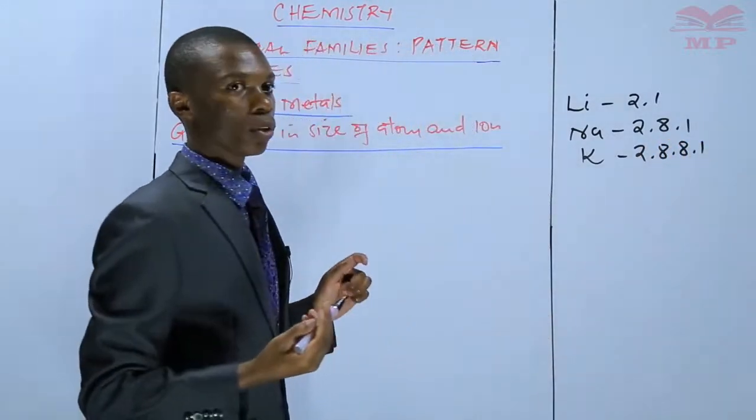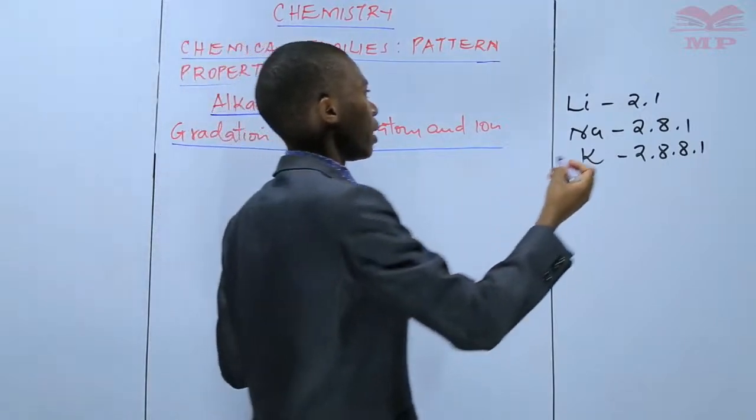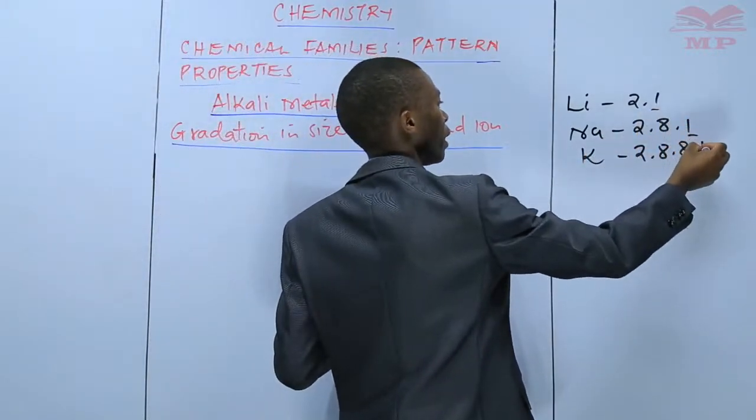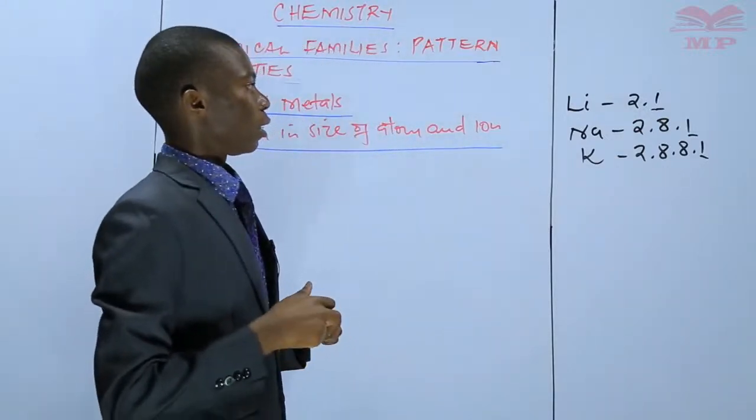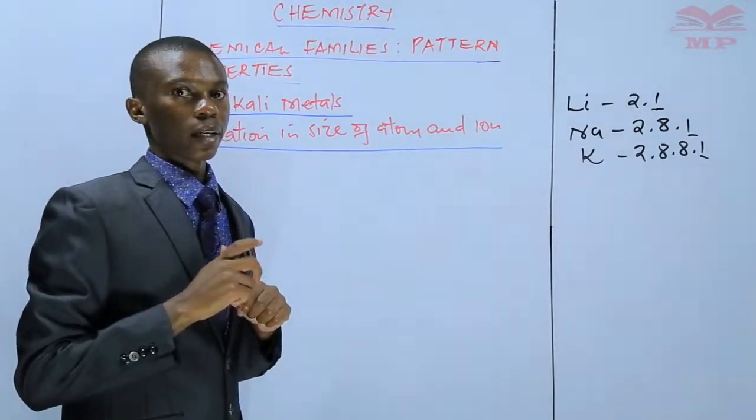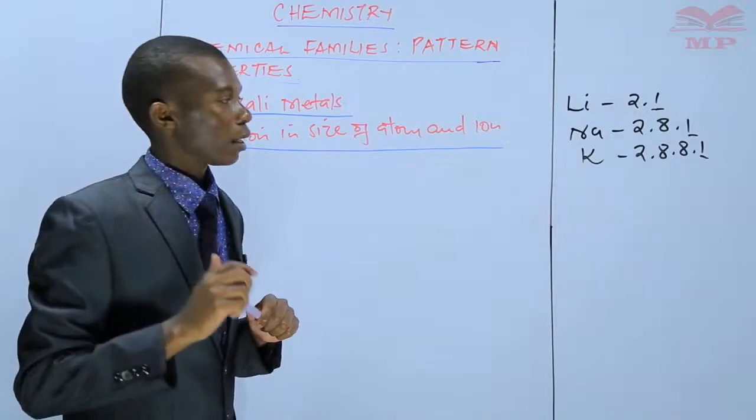The reason why they are called group 1 elements is because they have 1 electron in the outermost energy level. And the 1 electron enables them to be placed in group 1.